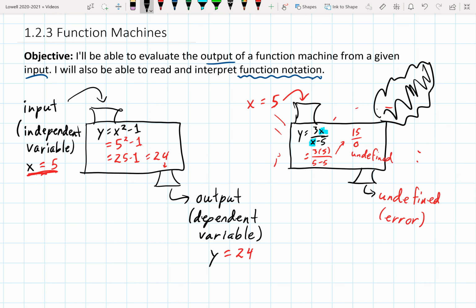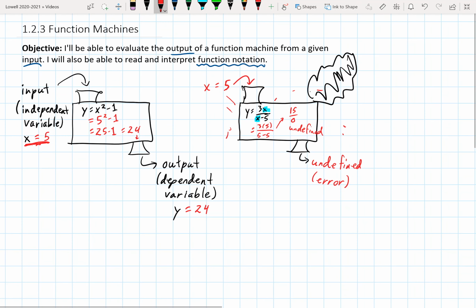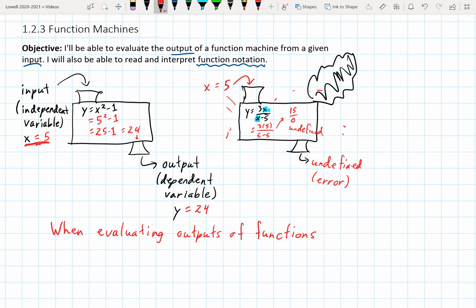Maybe we should actually write this down. When evaluating outputs of function machines, two things to be careful of. And I should just say, I've thrown the word function around a lot in this video.